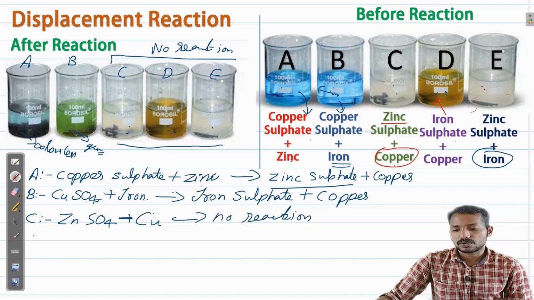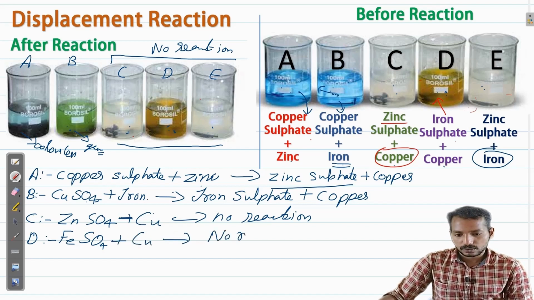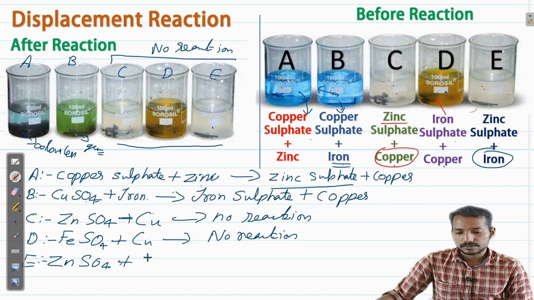And in the case of beaker D, we have taken iron sulfate and copper, Fe. Iron sulfate and copper. No reaction still. And in E also we have taken zinc sulfate and iron. We have no reaction.